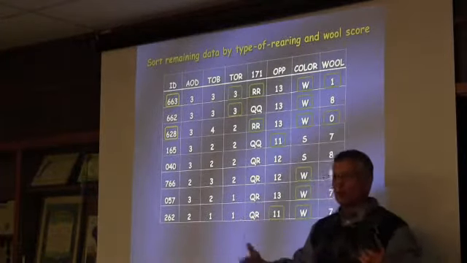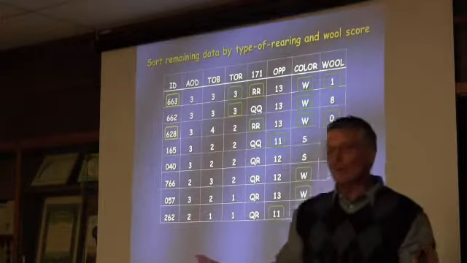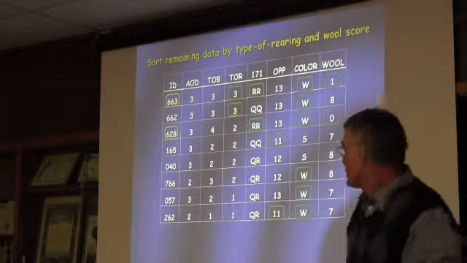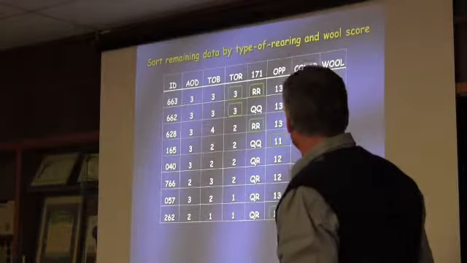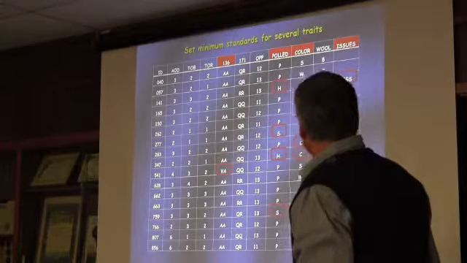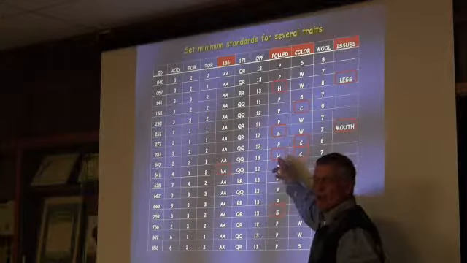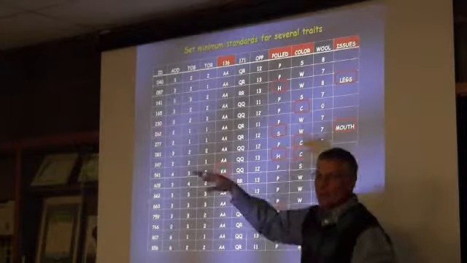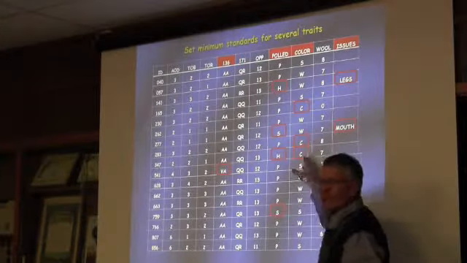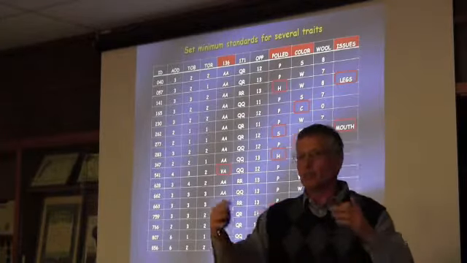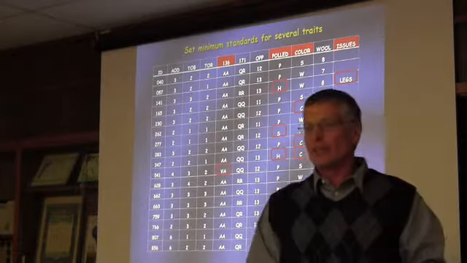So I suspect that those two things will continue to get weighted about equally. But what will happen over time, real quickly, is that we'll get this horn situation cleaned up fairly fast. And we won't be throwing as many out for that, and we'll do the same thing with the black. So those things will become less important over time, which allows us to have better intensity on those other things.